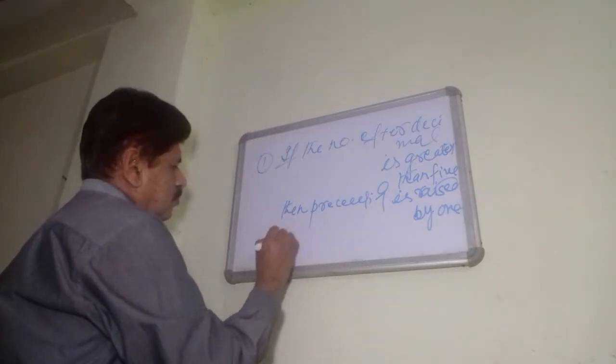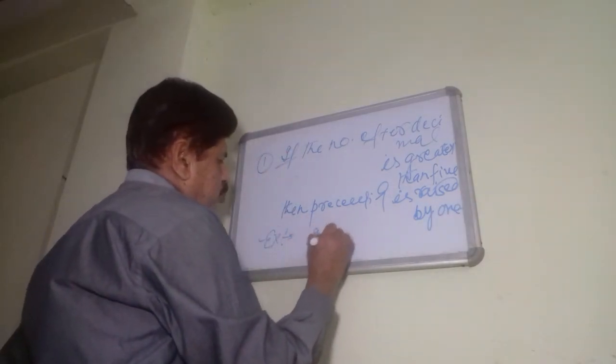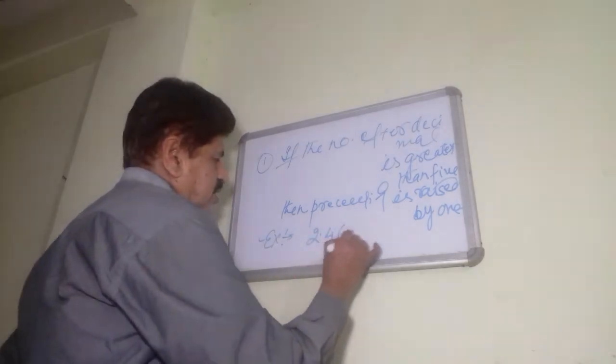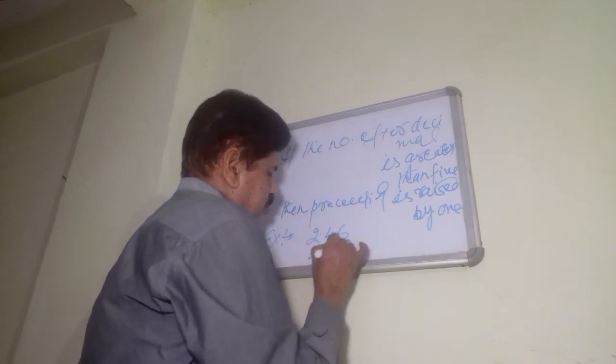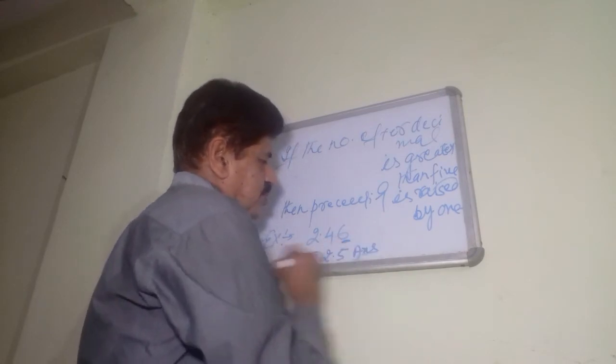Example, 2.46. Here it is greater than 5, so the preceding number is raised and the answer becomes 2.5.